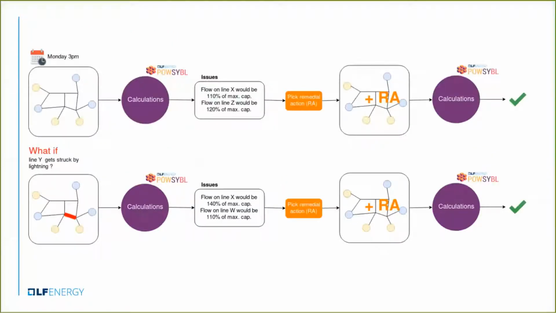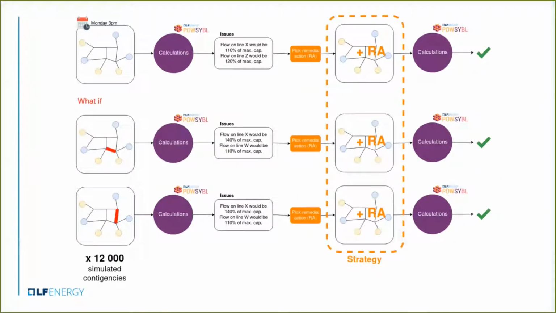But they don't stop here. They actually wonder about what if scenarios. What if line Y gets struck by lightning and we can't use it? And then the same happens. We run calculations, we get a new list of issues, we have to find new remedial actions, run calculations again, and everything is good.